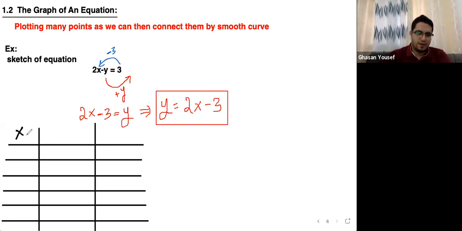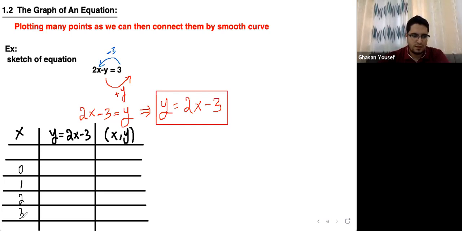So this is my x, this is y equals 2x minus 3, and this is the ordered pair x comma y. I'm going to use random points. I prefer to use the 0, the 1, the 2, the 3. Also, I want to use a negative, for example, -1.